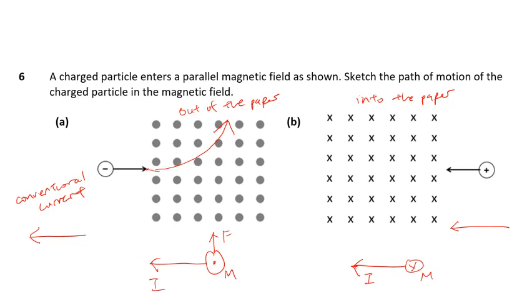Since our index finger will point away from us and the current is pointing towards the left, that leaves us with the induced force being pointed down, and this particle will move in a downward direction as shown. I hope this gives you a little more clarity on how to answer these particular questions.